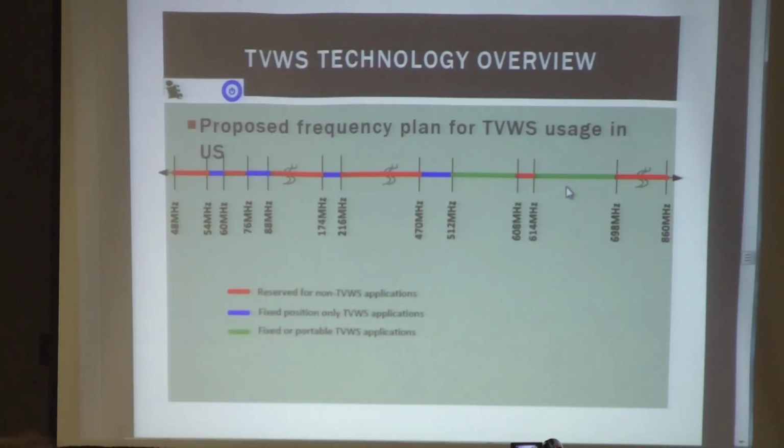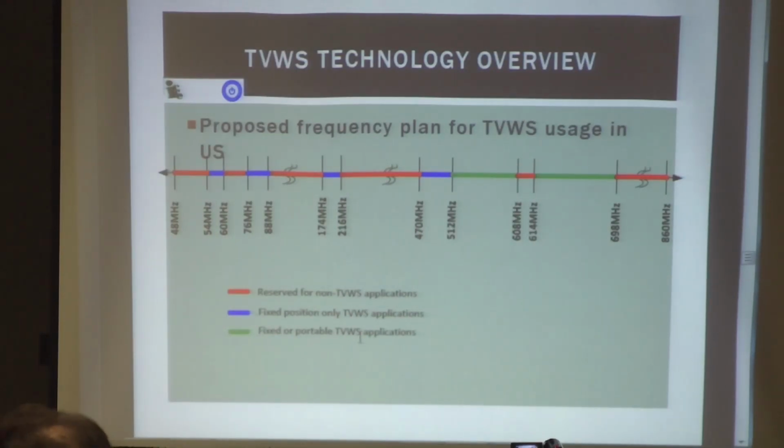Okay, so this is the proposed frequency plan by the FCC for TV white space usage. So instead of having the entire free analog spectrum for any kind of TVWS device, you have the VHF frequencies down here listed in blue for fixed position only TVWS devices, whereas the green ones are for portable or fixed TVWS devices.